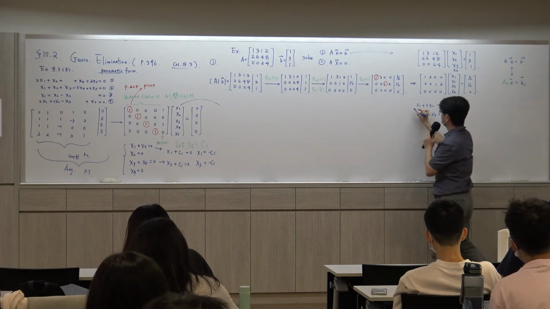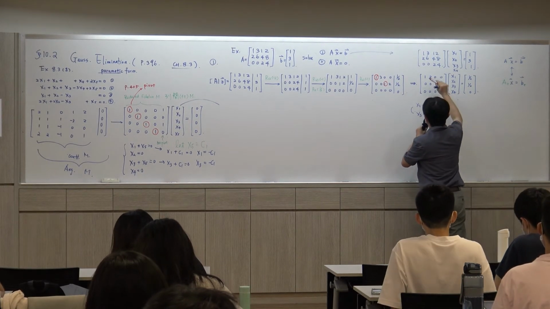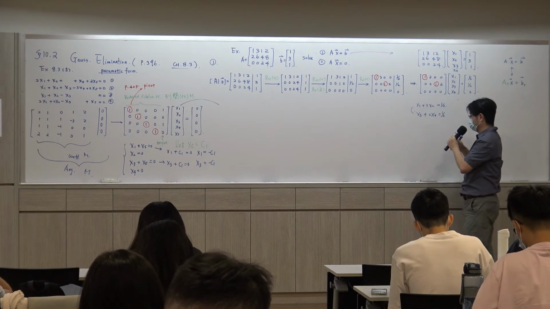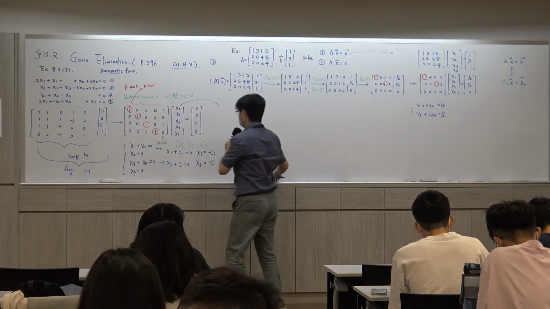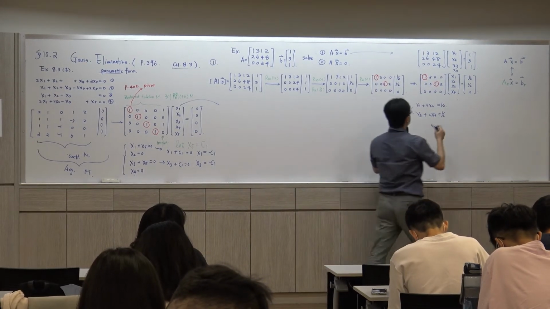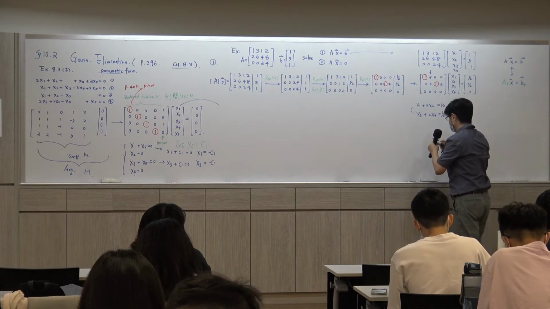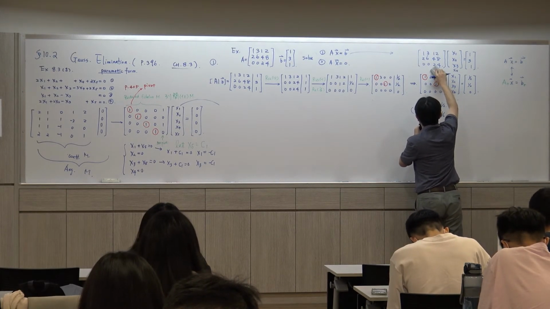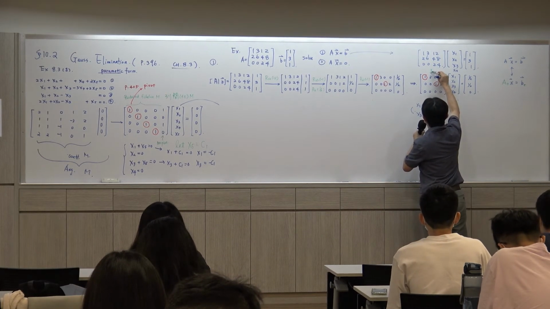So we have the two equations here, and they are two non-pivot columns here.